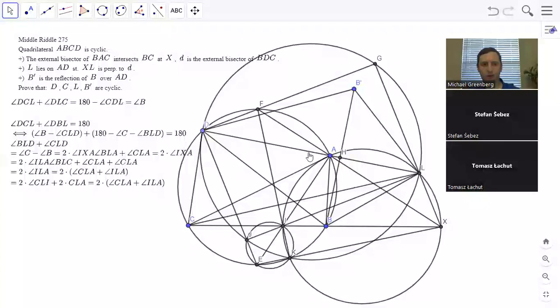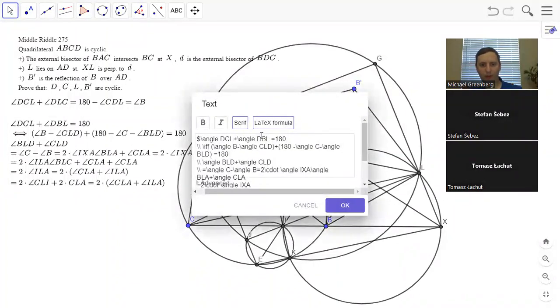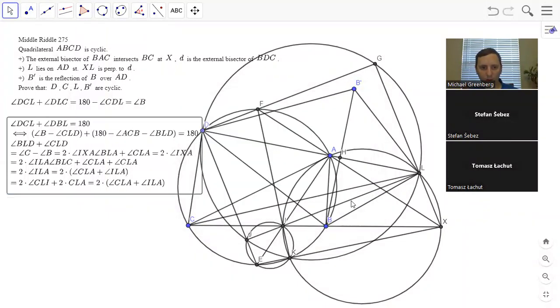But no, angle C is in triangle ABC, so angle C is ACB. Sorry, I got confused. So ACB. Yeah, that makes sense.